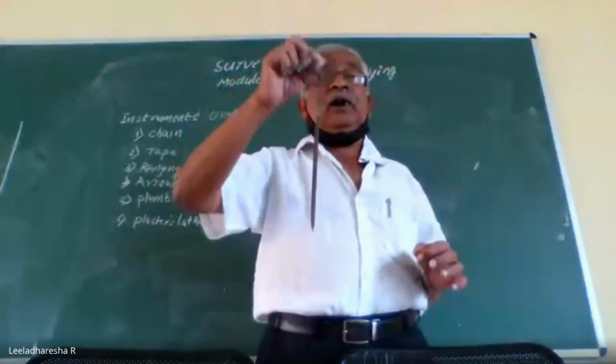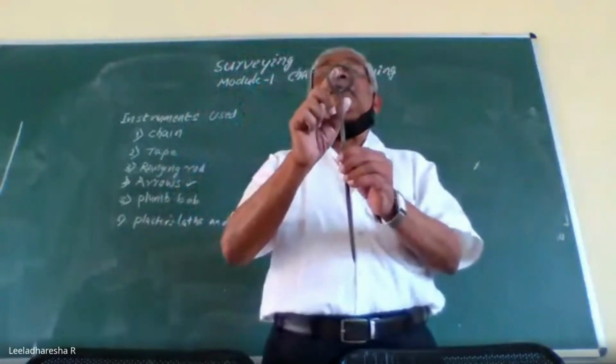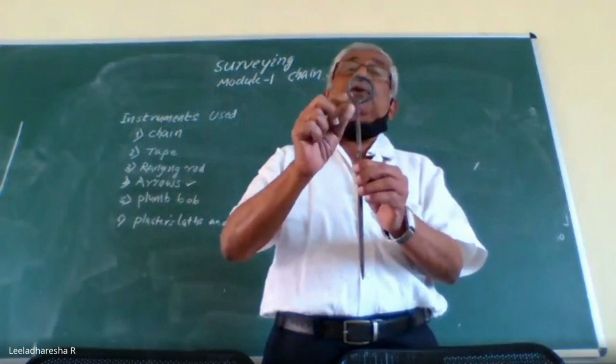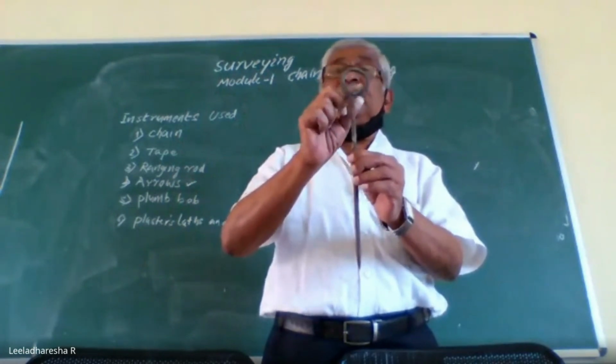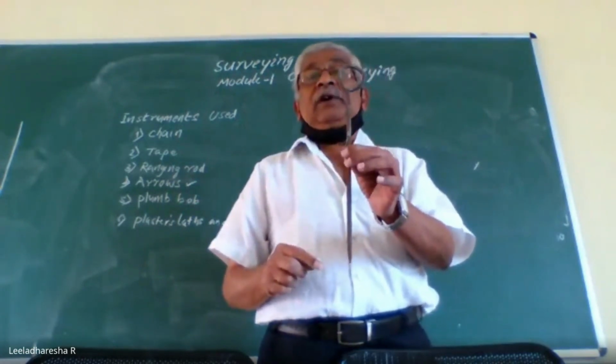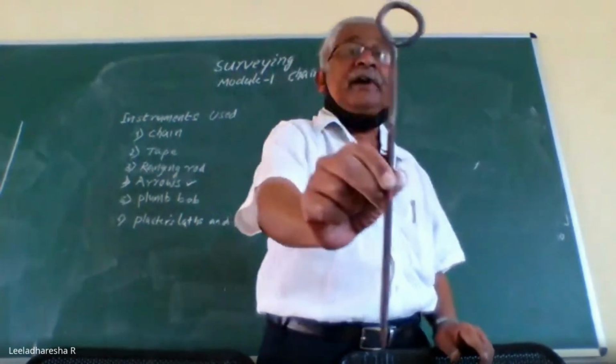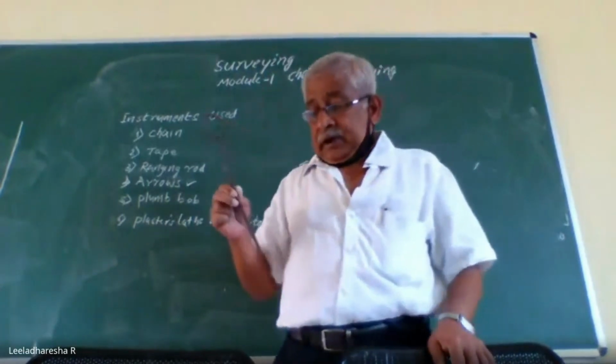From one point to another point, I want to measure the distance. Fix two arrows, one at the starting point and another at the end point on the ground. To identify certain points on the ground, we make use of this arrow. It has a diameter of 30 millimeters, and is bent into a circle at the top. This instrument we call an arrow.